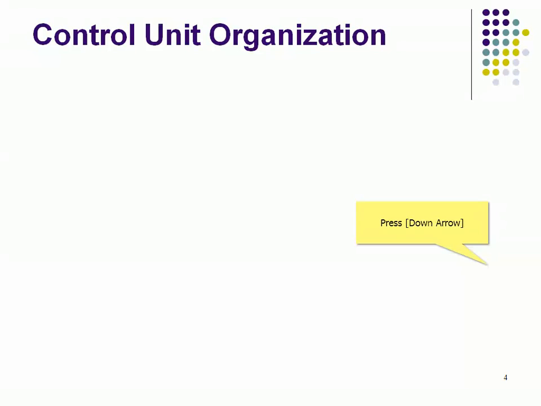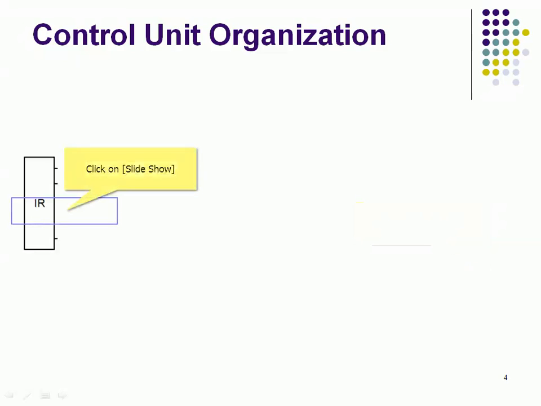So coming to the actual point of control signal generation, that is the control unit organization. We have the instruction register. We have seen the single bus organization and multiple bus organization in the part 1 lecture.